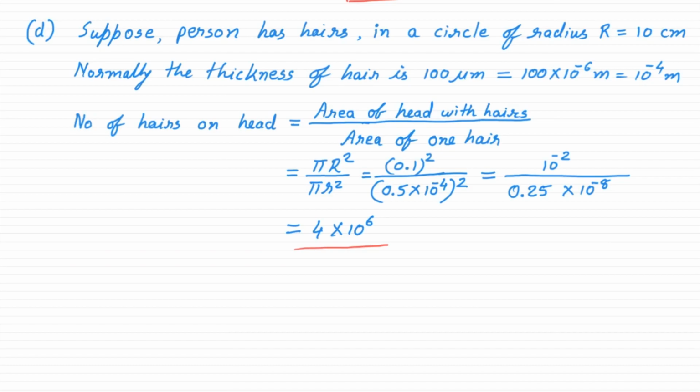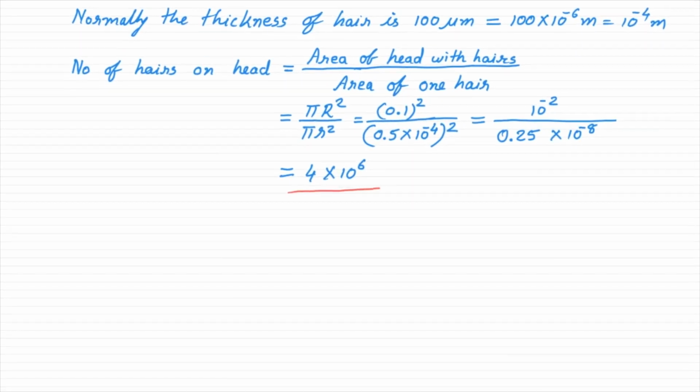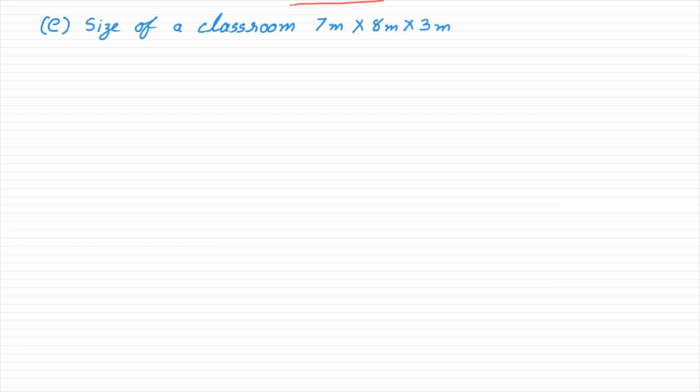Now let us see question E. Here we need to find the number of air molecules in the classroom. Normally the size of a classroom is 7 meter by 8 meter by 3 meter, where 3 meter is the height.